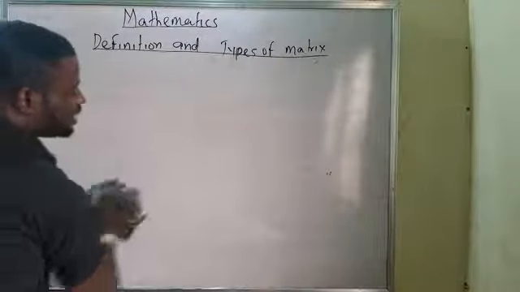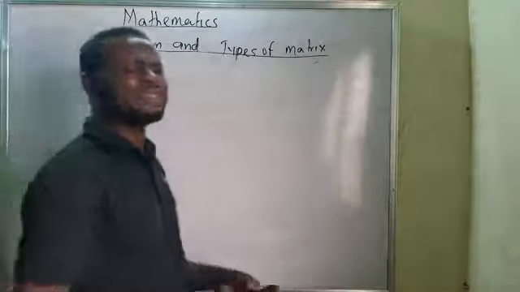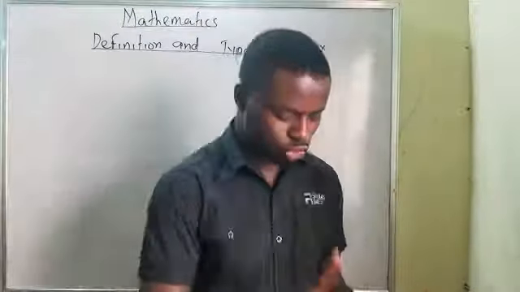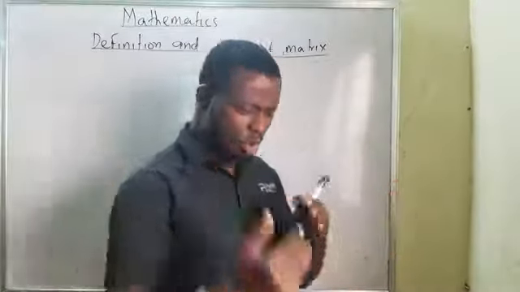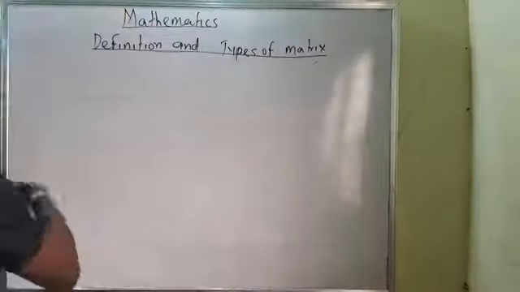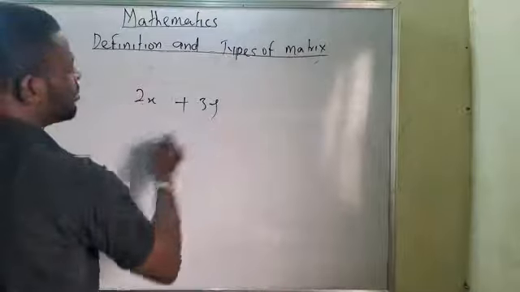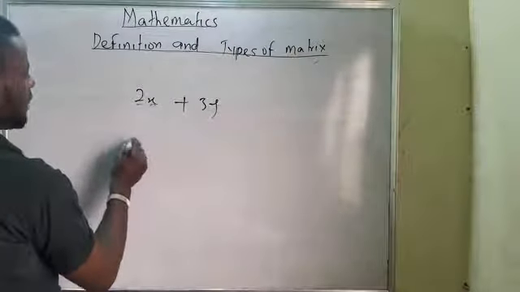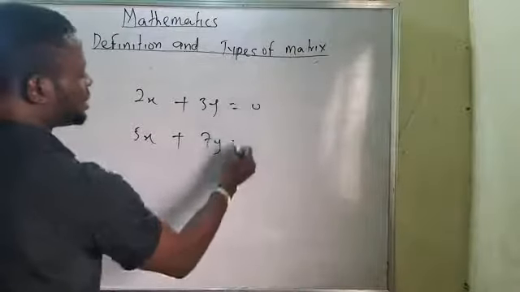Now, let me start with the definition of matrix. When you have several vectors, vector 1, vector 2, vector 3, that will generate your matrix. Take note of that. We all know what a vector is. I think you all know what a simultaneous equation is, like 2x plus 3y equals 0 and 5x plus 7y equals 7.